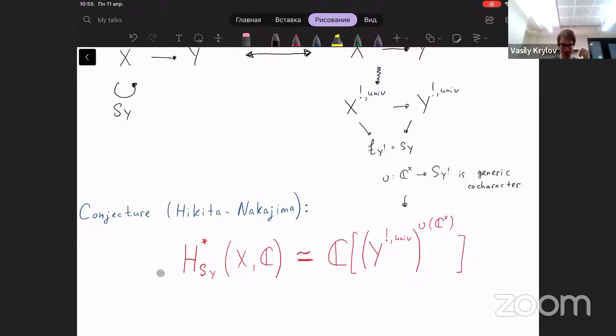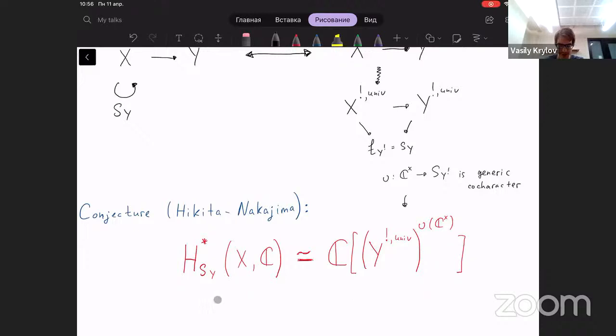If you erase the S_y, this will be just the ordinary cohomology algebra of X. And on the right hand side, you have something purely algebraic, which depends only on this Y shriek. Pure algebra. And the claim is that these algebras are isomorphic.